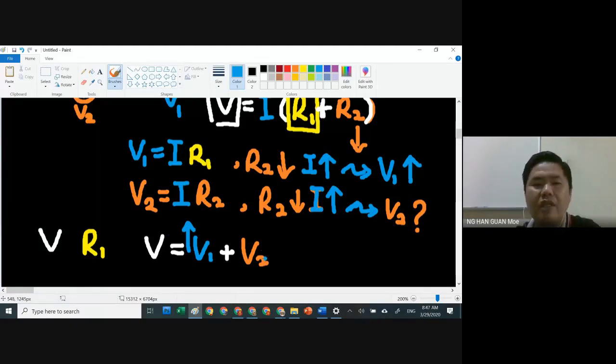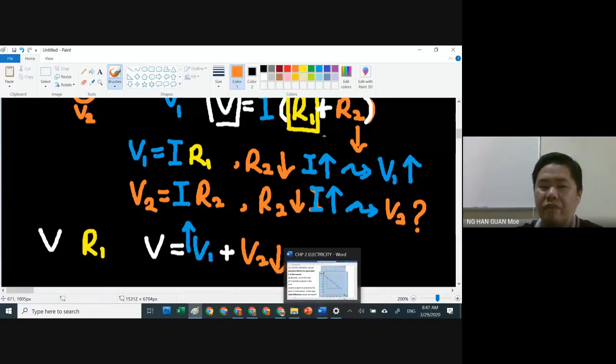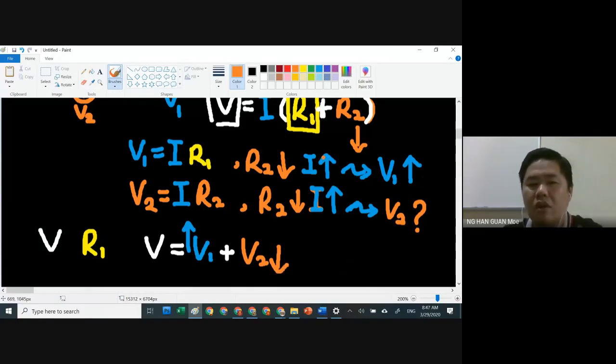When you look at the result, you should know already V2 is decreased. Then only their sum is still equal to the constant V. Now we're talking about the sum, the total of V1 plus V2. When V1 increases, V2 definitely has to decrease. Then only the effective V of the circuit remains constant.